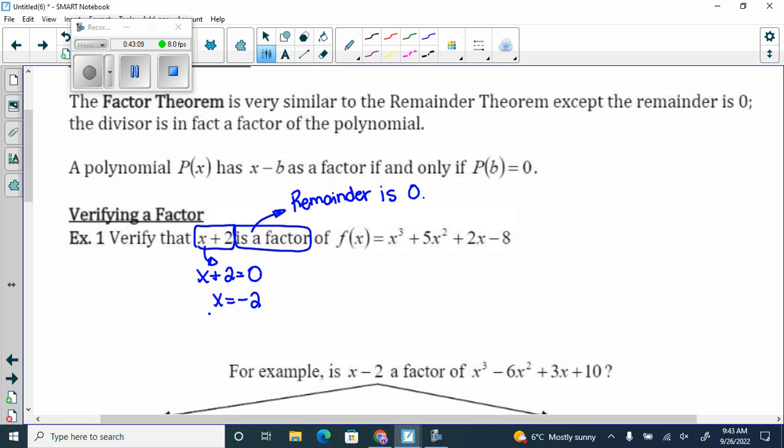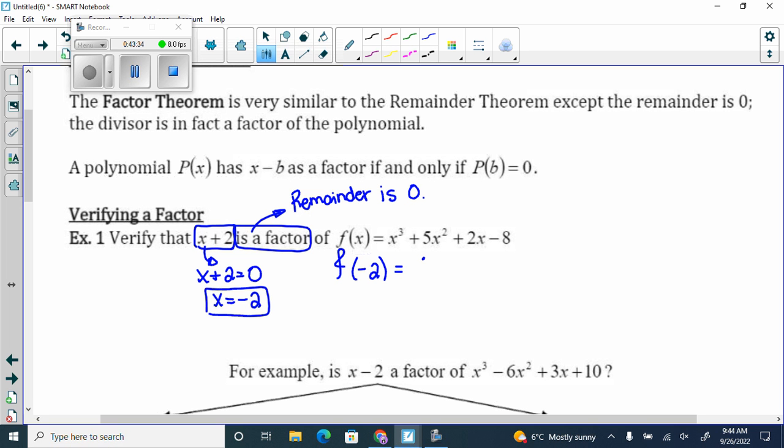And then we can do function notation, plugging that in for x and see if we get an answer of 0. Because if we plug this value in for x, we actually get the remainder. So if you're ever asked for just the remainder, this is the fastest way you can do it. You can bypass all of the finding out the other stuff by division. If you just want a remainder, you can take this and you can plug it in for x and see if you get 0.